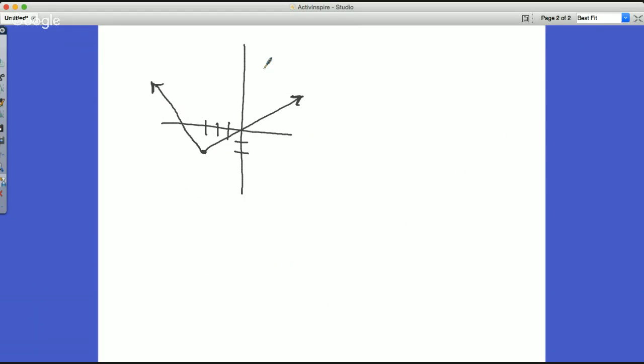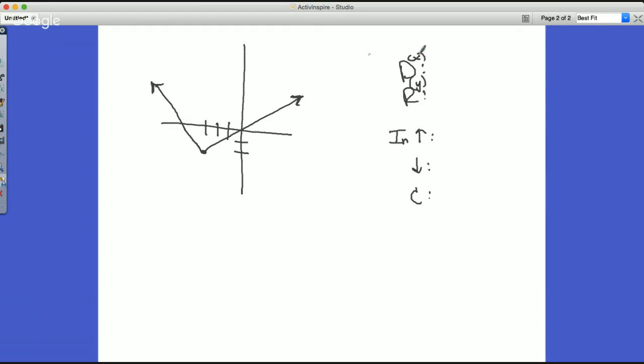So in this example, we have 4, really 5 things we're trying to find. Domain, range, interval of increasing, decreasing, and constant. Now, if domain is left to right, we note what is the furthest left value. Domain is on the x, right? So x, and range is on the y.